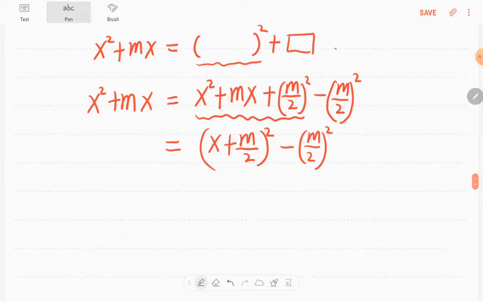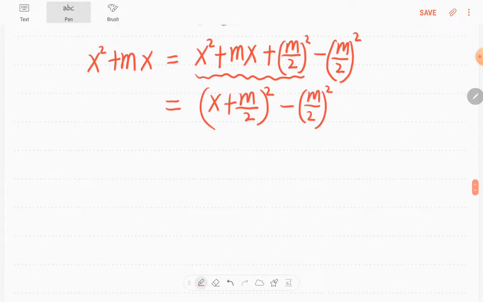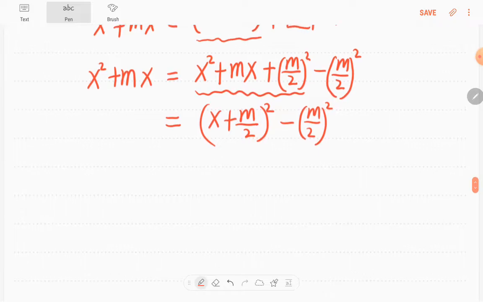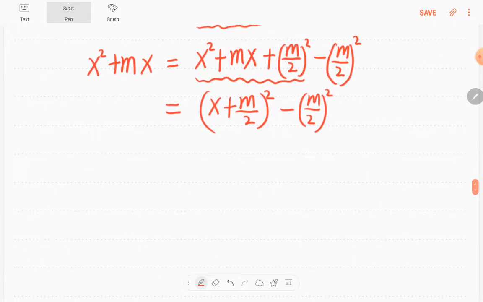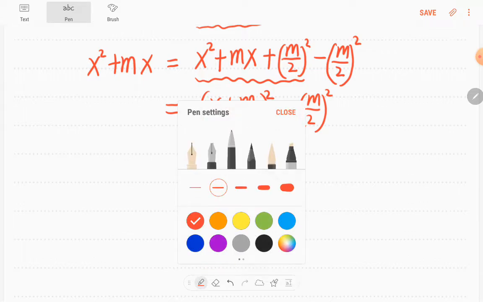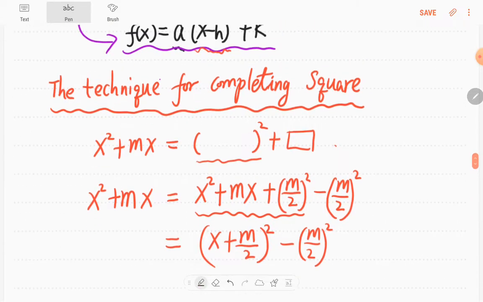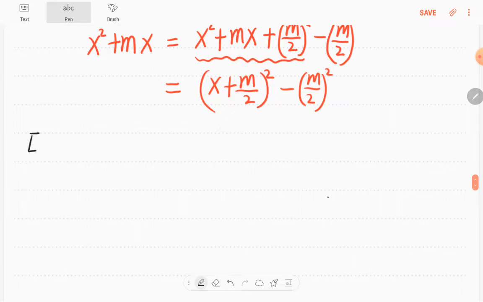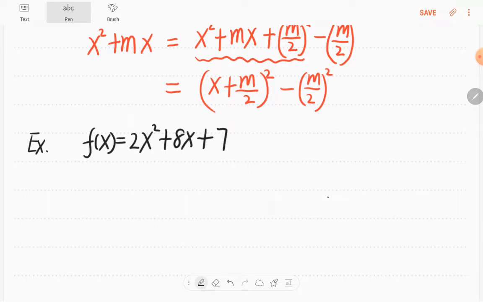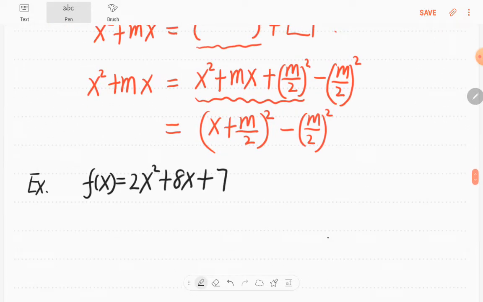So now let's look at an example. If you have f of x equals 2x squared plus 8x plus 7, we want to form the standard form.